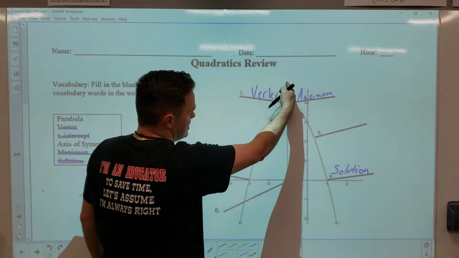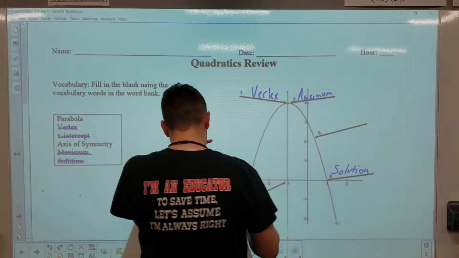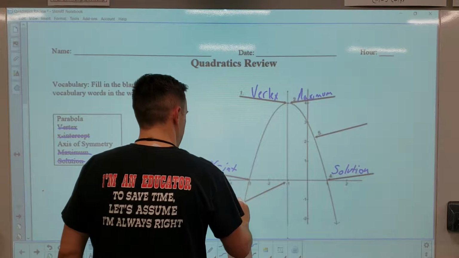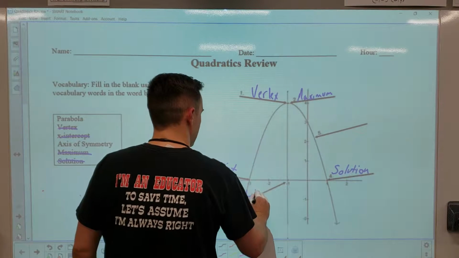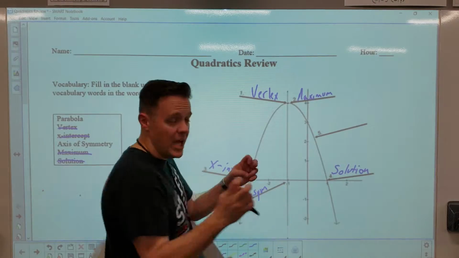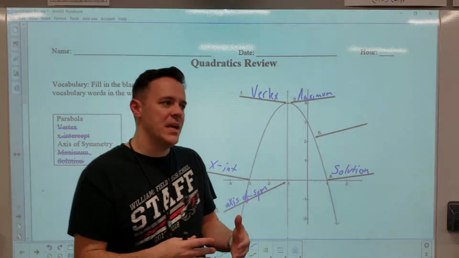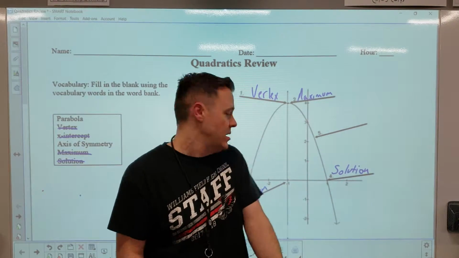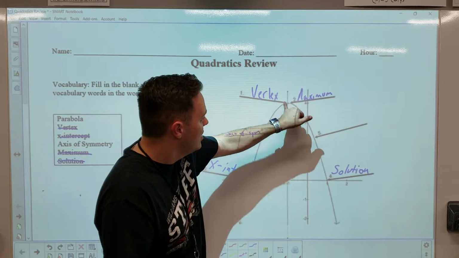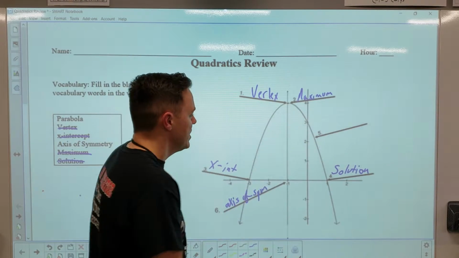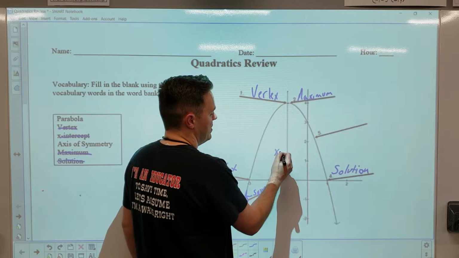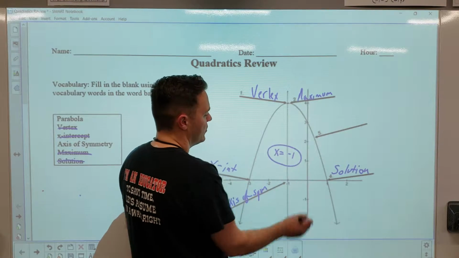Axis of symmetry is the line that you would draw right through. Now this line is imaginary. When I say imaginary, it's not like you usually write it. For this example though, see how it goes through -1? This actually would be x equals -1 for this one.